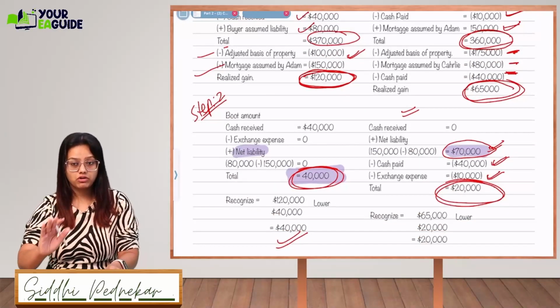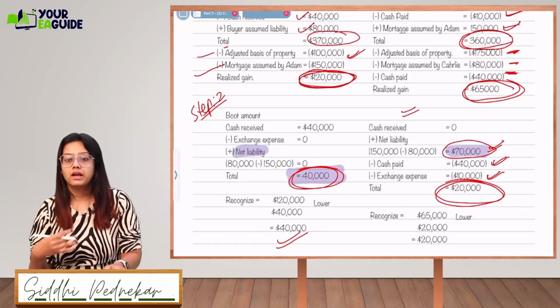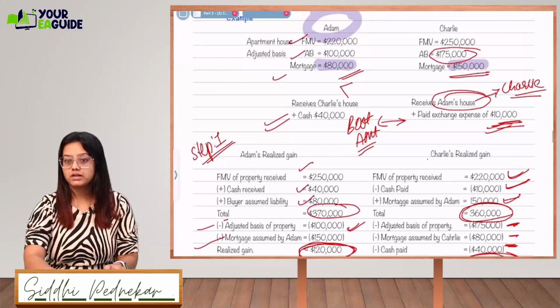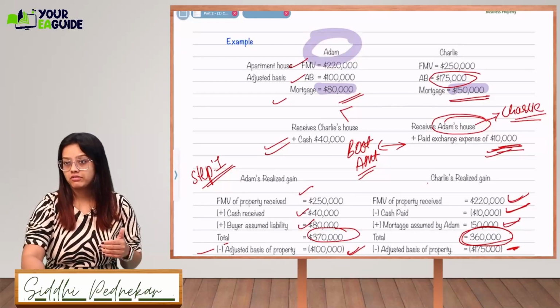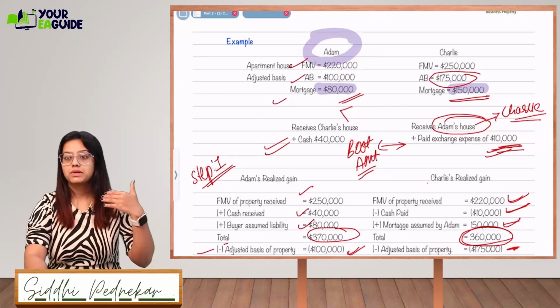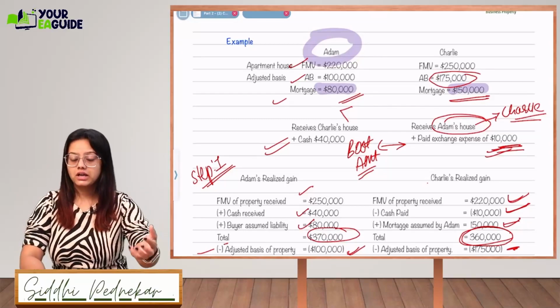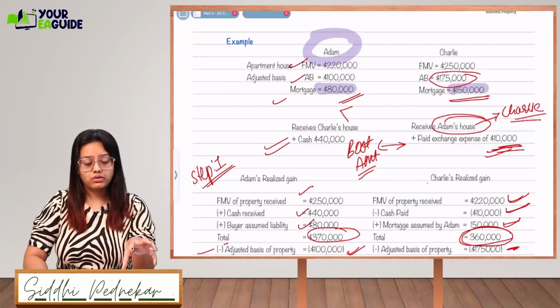The boot amount, I have already explained to you guys: net liability. See, I am repeating this again and again because you should not mug up the formula, but understand the concept. Just think in layman's language. For example, I am transferring a certain property to Hina. Hina is going to consider it in her tax return, how much she is going to make taxable.